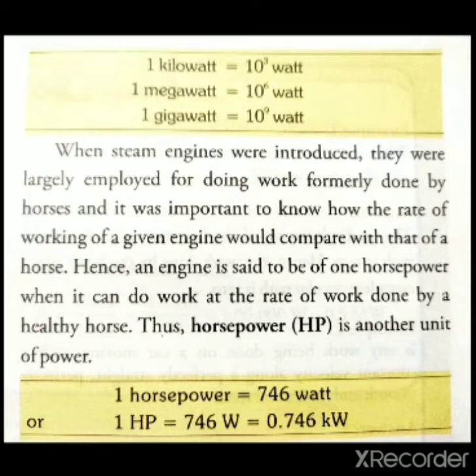Hence an engine is said to be of 1 horsepower when it can do work at the rate of work done by a healthy horse. Thus horsepower, that is HP, is another unit of power, and 1 horsepower is equal to 746 watt, that is 0.746 kilowatt. Okay, I hope you have understood this one.